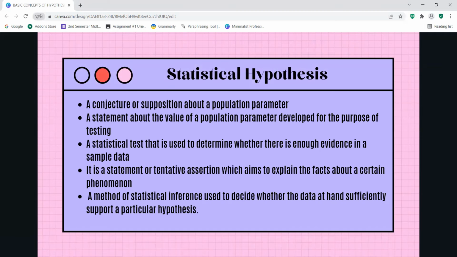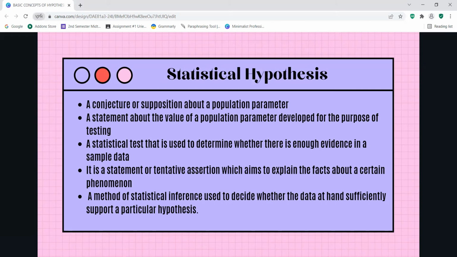Statistical hypothesis: a conjecture or supposition about a population parameter. A statement about the value of a population parameter developed for the purpose of testing. A statistical test that is used to determine whether there is enough evidence in a sample data.